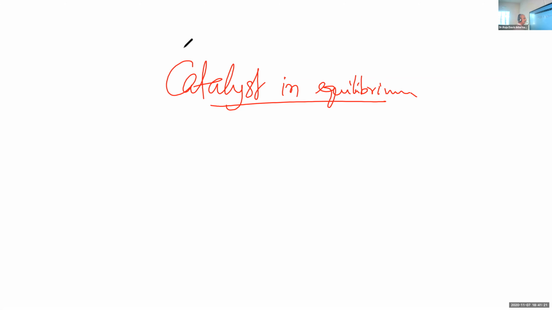A catalyst usually increases the rate of reaction. Here, in a reversible reaction, the catalyst increases the rates of the forward and backward reactions to the same extent.